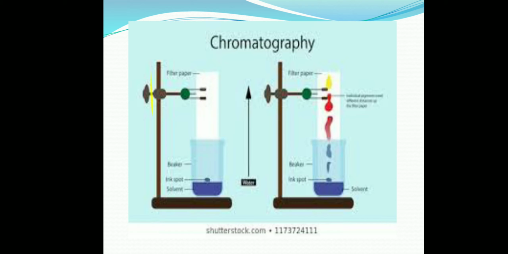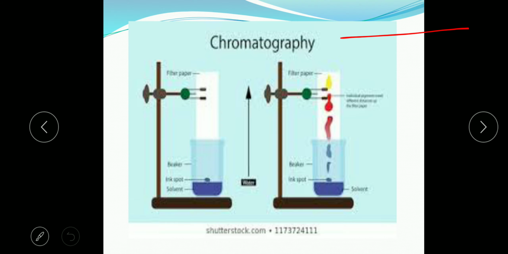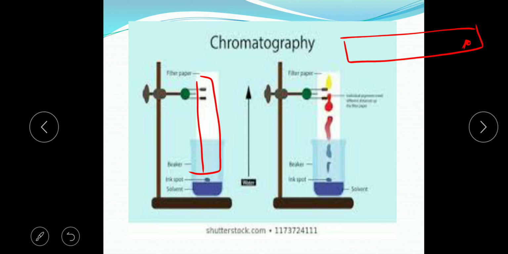Okay, here a stand is shown, and with the help of this stand a filter paper or the Whatman paper is attached. Okay, an ink spot is added and a solvent is taken. This beaker is filled with the solvent, and a rectangular filter paper will be taken, and on the filter paper, leaving 1 centimeter or 2 centimeters above, a dot of ink will be made, and such a filter paper will be arranged through it.